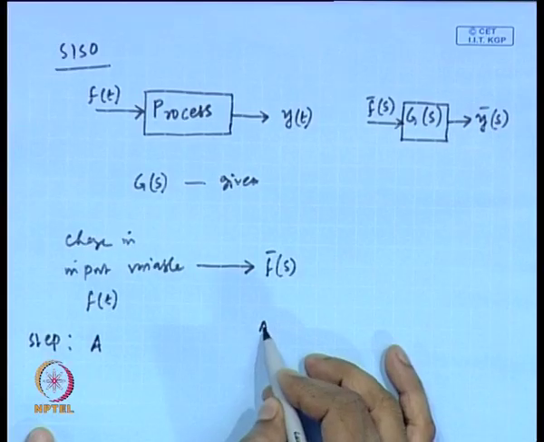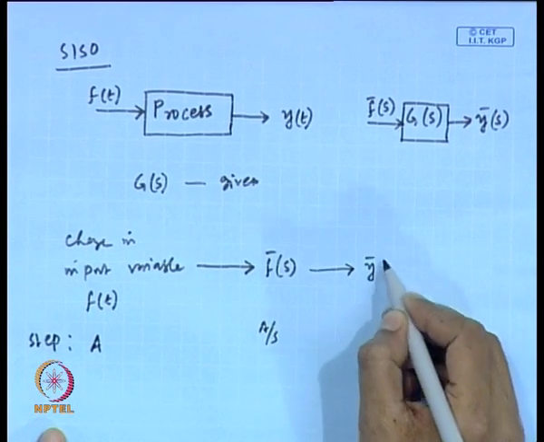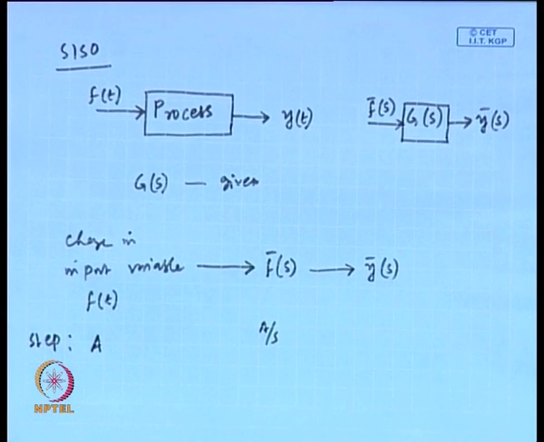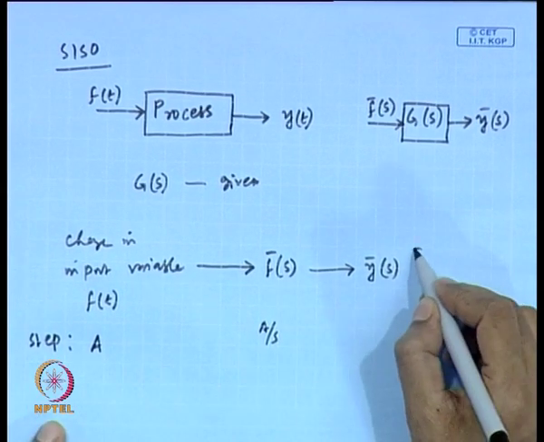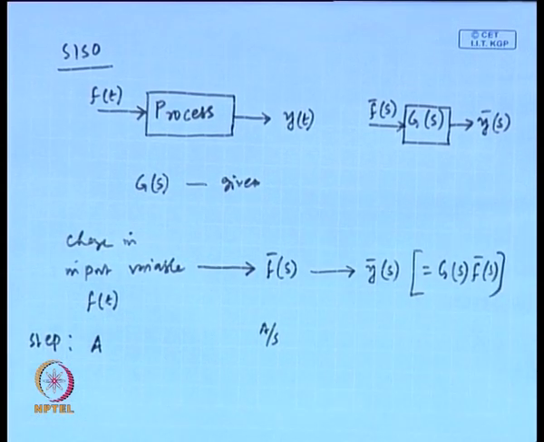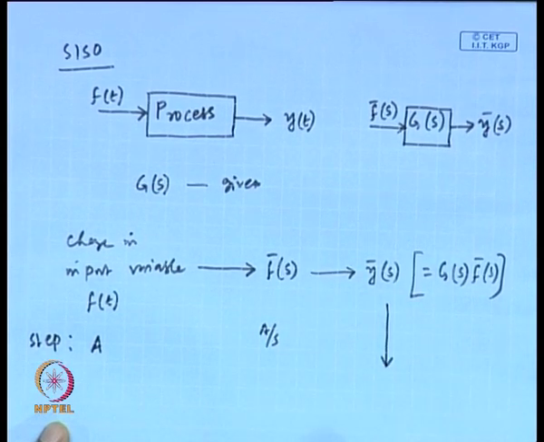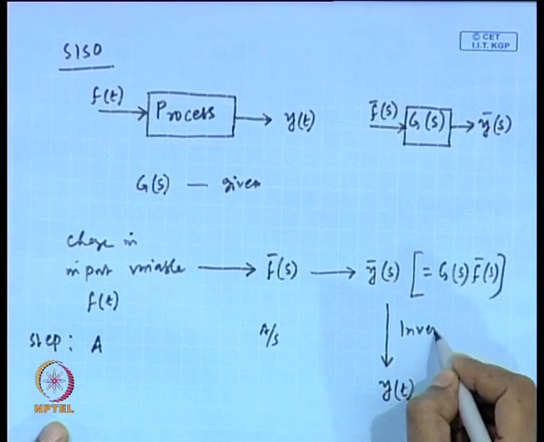How much that will be? A by S. Fine. In the next step, we can determine y bar S. How we can determine y bar S? Y bar S is G S f bar S. Fine. So, it is straightforward to determine y bar S. Now, we need to take the inverse of Laplace transform, so that we get y t. If we can determine y s, then we can get y t by taking inverse of Laplace transform.